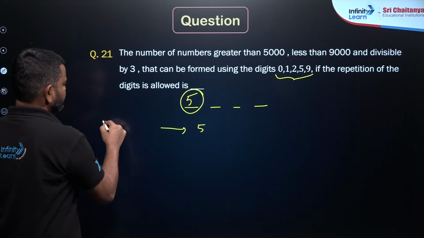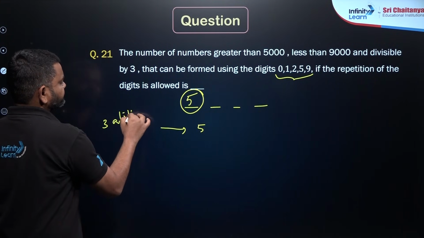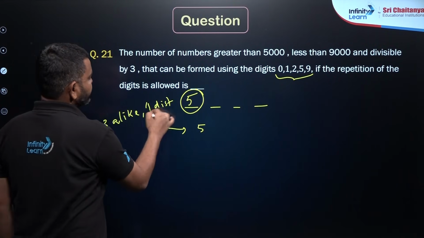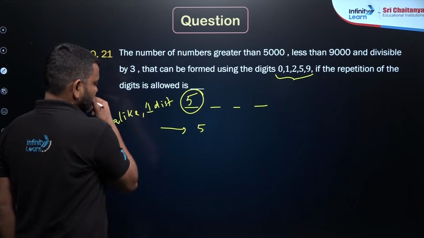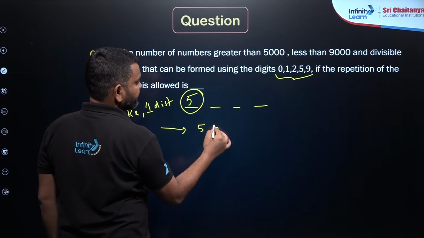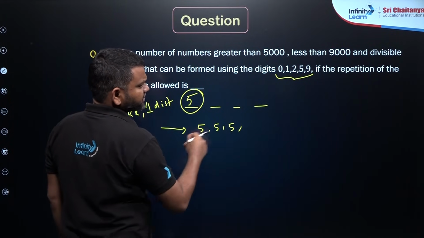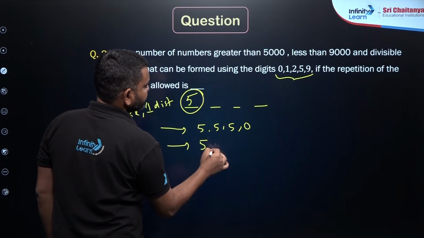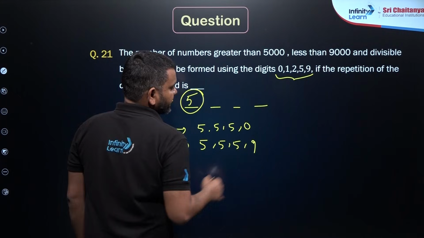Here you can take 3 alike, 1 distinct. So 3 alike, 1 distinct means I can go for 5, 5, 5 and 0, or you can write it as 5, 5, 5 and 9.